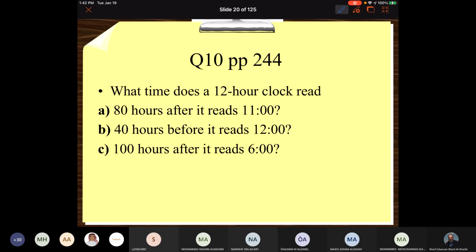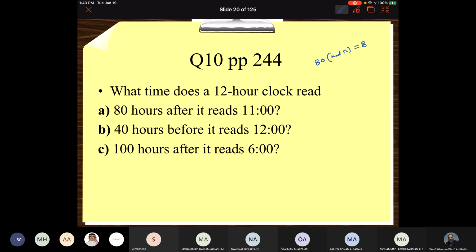So basically, what did you do? What is 80 mod 12? 8. 80 mod 12 is basically equal to 8, right? Yes.